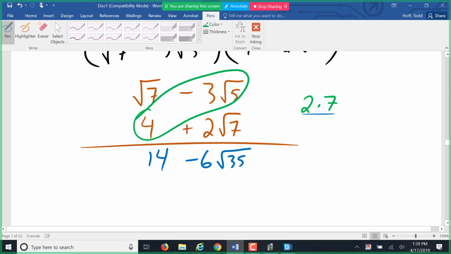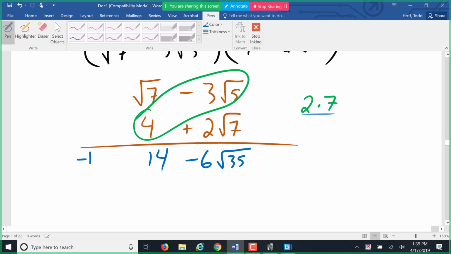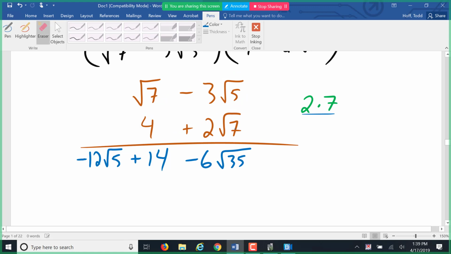Four times negative 3 square roots of 5. 4 times negative 3 is negative 12 square root of 5. Then, of course, 4 times the square root of 7 is just 4 times the square root of 7.